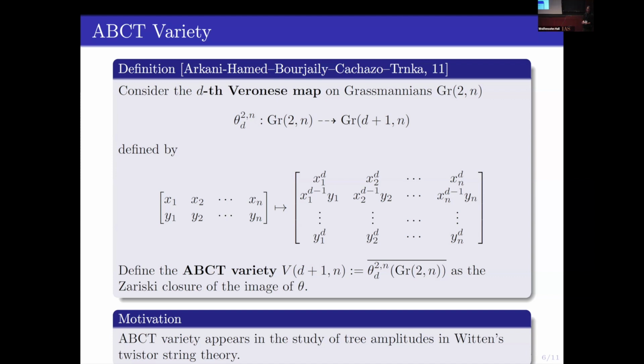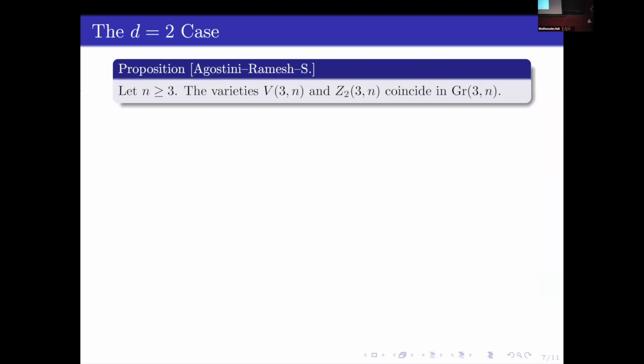So we will have a subvariety inside the Grassmannian G(3,n), which is the closure of the image of a rational map from the Grassmannian G(2,n). The reason why we like the d equals 2 case so much is because in this case the ABCT variety actually agrees with the degeneracy locus.